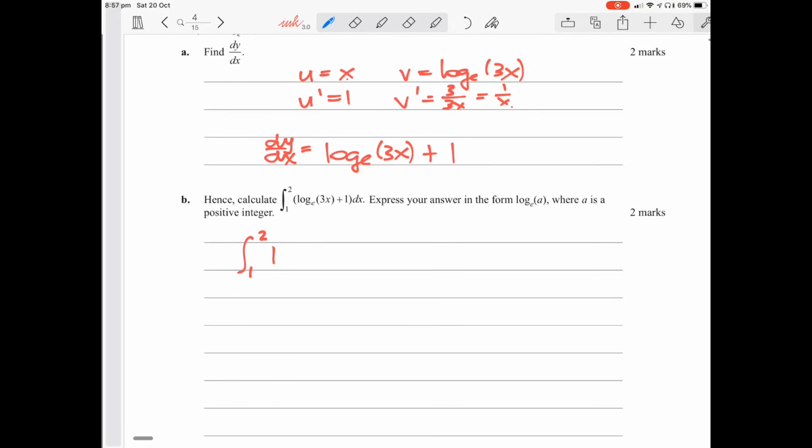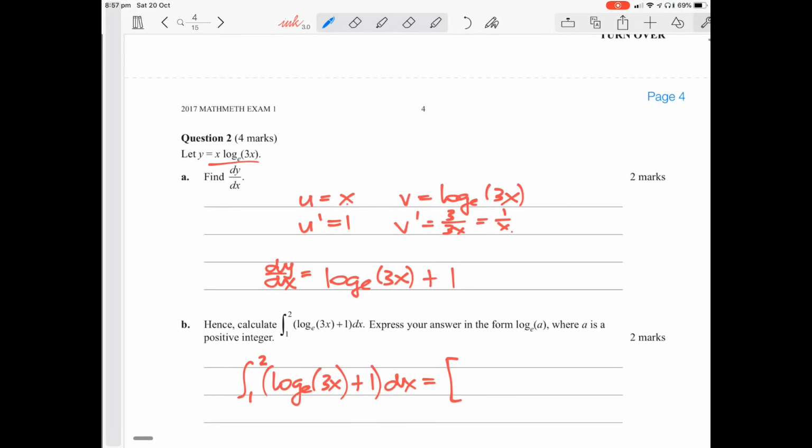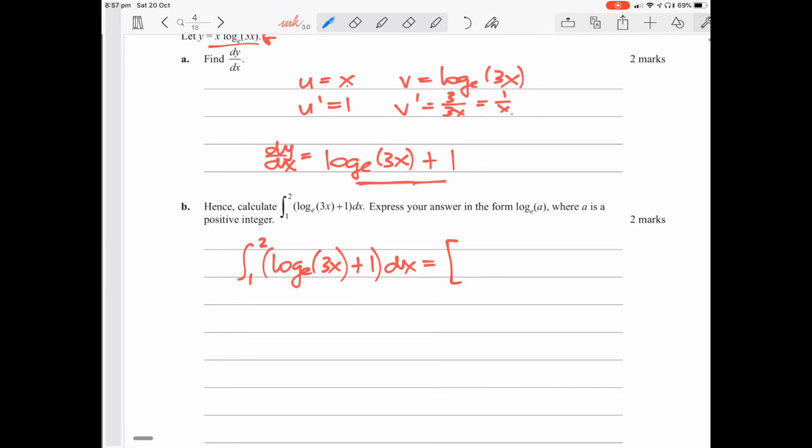The integral from 1 to 2 of log e 3x plus 1 dx. Okay, when we integrate that, if we differentiate that, we get this. So if we integrate this, we get that. So it's x log e 3x between 2 and 1.